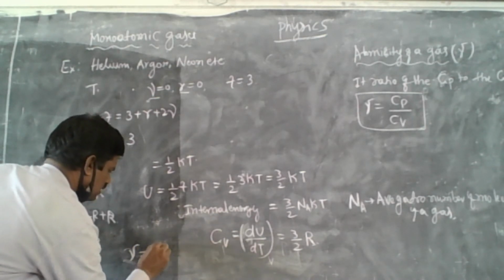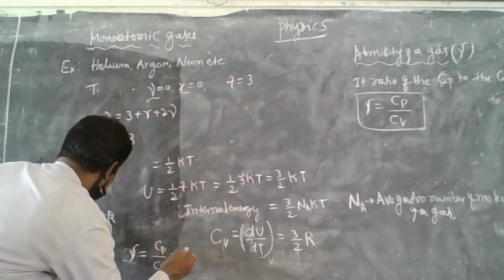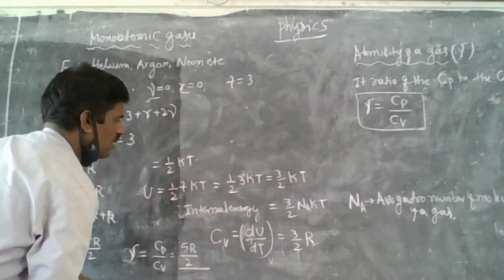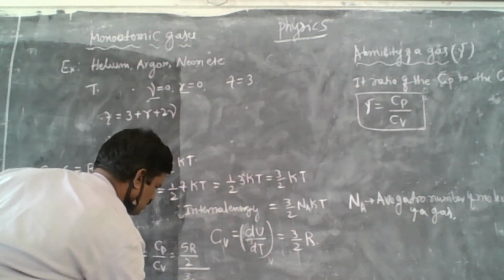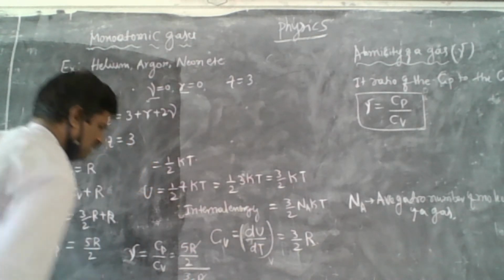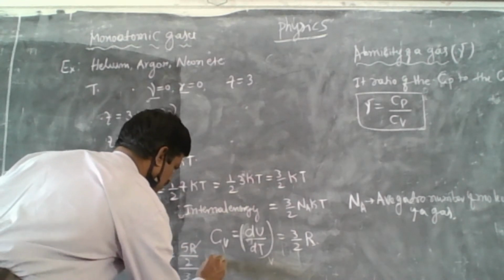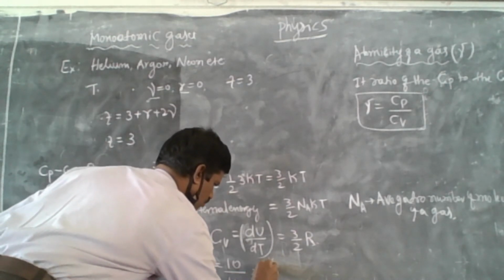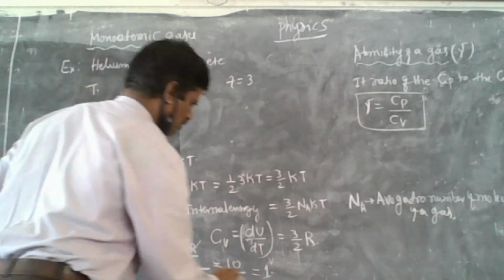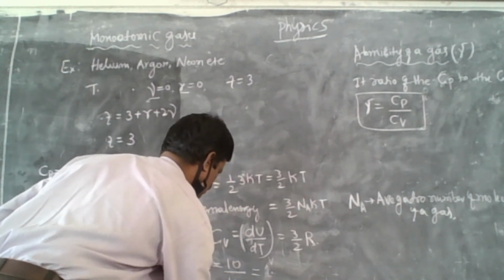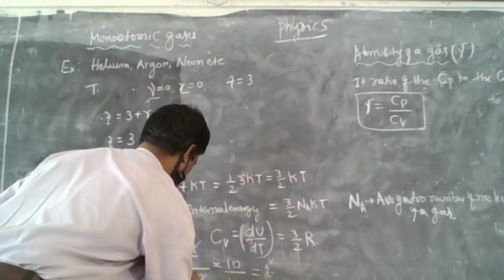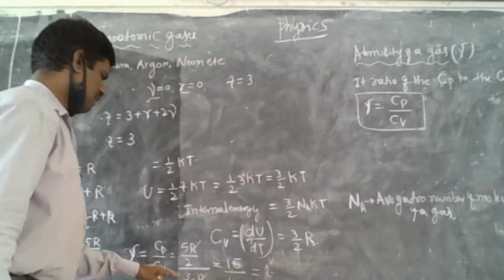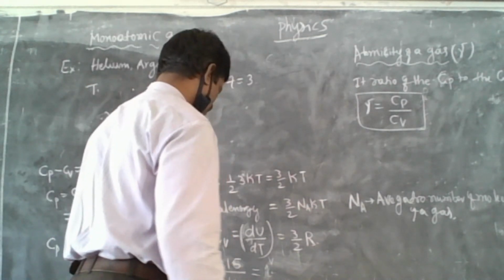Atomicity of gases equals Cp by Cv, which is 5R divided by 2 divided by Cv, which is 3 by 2 R. R gets cancelled. So 2 into 5 equals 10 divided by 6.